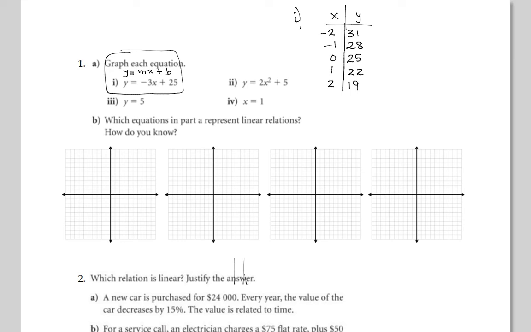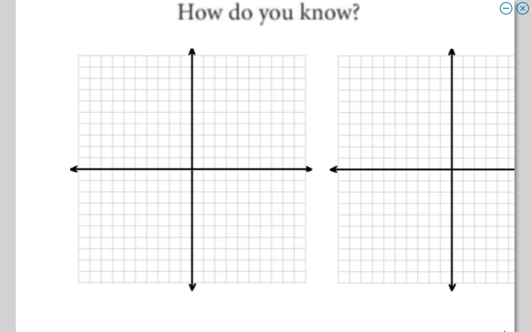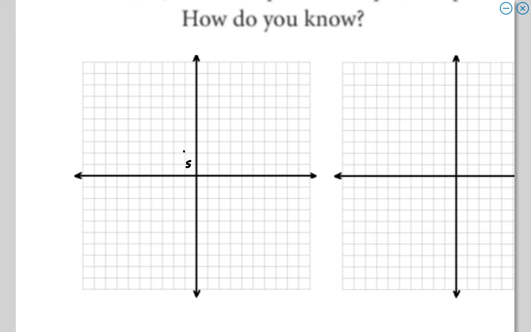So let's sketch a couple of those points. Let's go up by 5s. What happened when x was 0? 25, right?